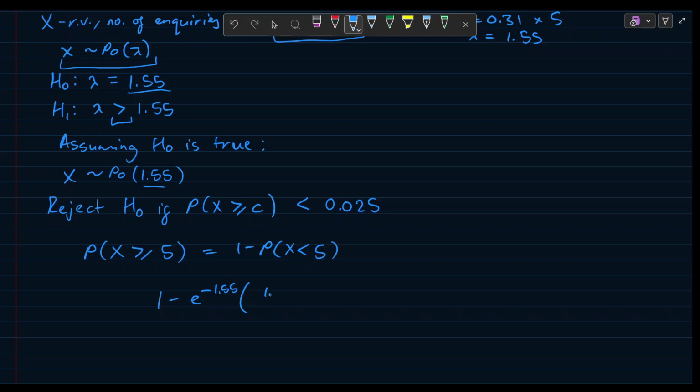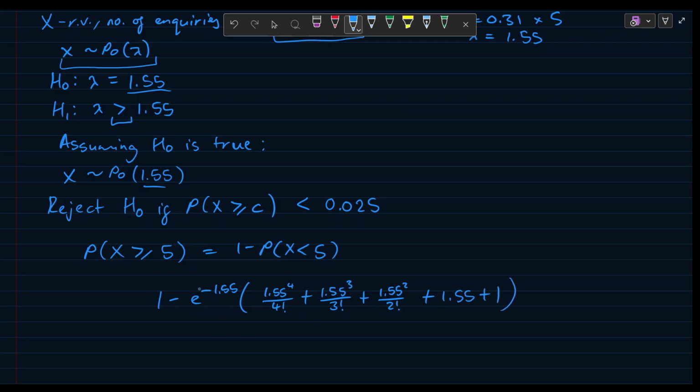So that's 1.55 to the power 4 over 4 factorial plus 1.55 to the power 3 over 3 factorial plus 1.55 to the power 2 over 2 factorial plus 1.55 plus 1.